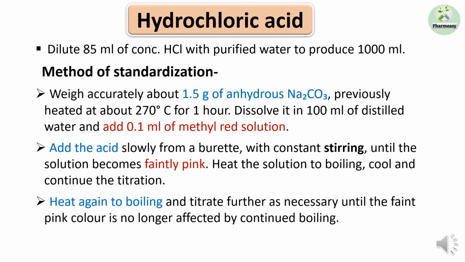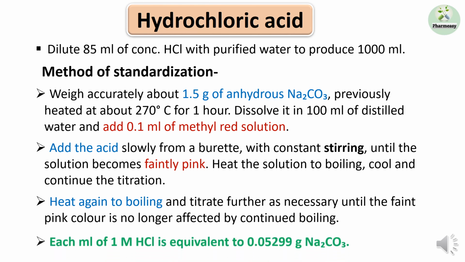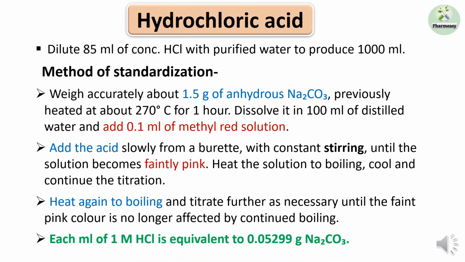Heat again to boil and titrate further as necessary until the faint pink color is no longer affected by continued boiling. Note that each ml of 1 molar hydrochloric acid is equivalent to 0.05299 gram of sodium carbonate.